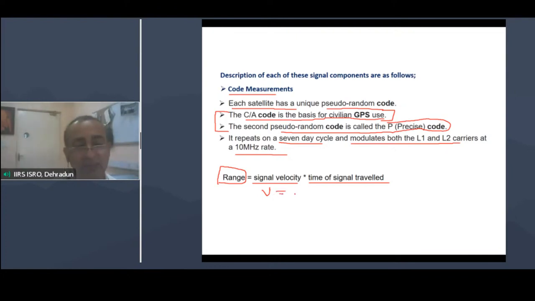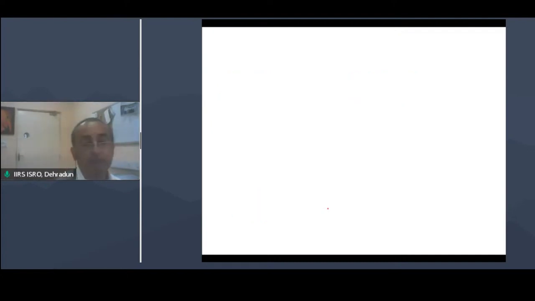So range is equal to V multiplied by the time traveled by the signal. Through code measurement, we can understand the very basic concept of how this measurement works to get our coordinates.